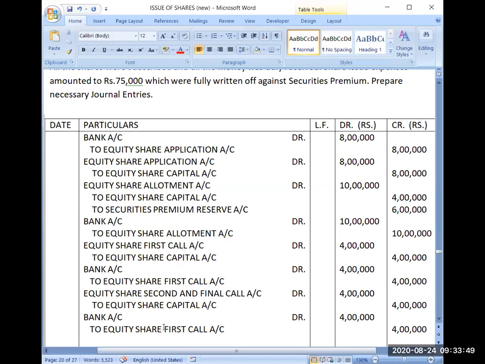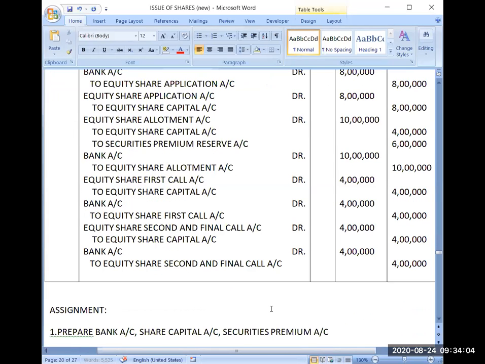And then equity share second and final. So now we have completed this question.